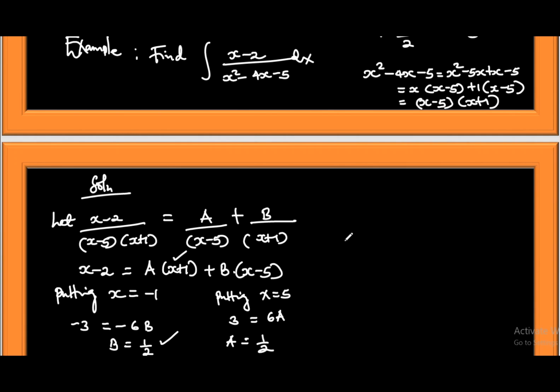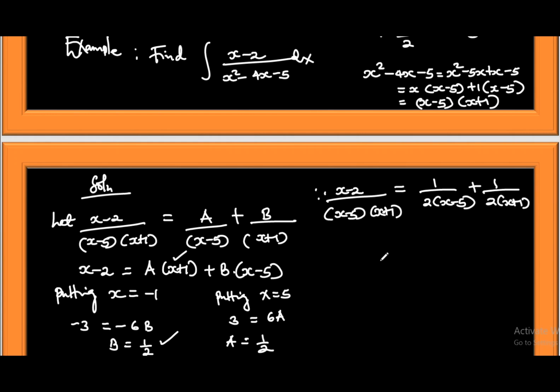Now we can comfortably say that in conclusion, x minus 2 divided by x minus 5 into brackets x plus 1 is equals to a, but a is a half, so I will say 1 out of 2 into brackets x minus 5 plus b, but b is also a half, 1 over 2 into brackets x plus 1.